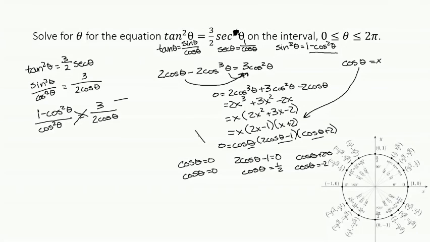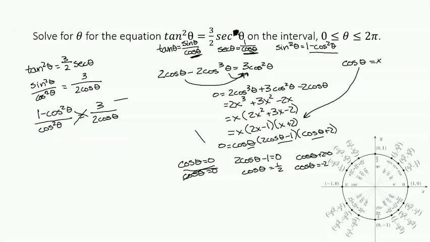So if we look, we have our cosines on the bottom for both. So you can never have a 0 on the bottom of a fraction. So our cosine of theta cannot equal 0. So that won't be an answer. So then going back to these, the cosine of theta 1/2, you can have 1/2 on the bottom because it's an actual number.